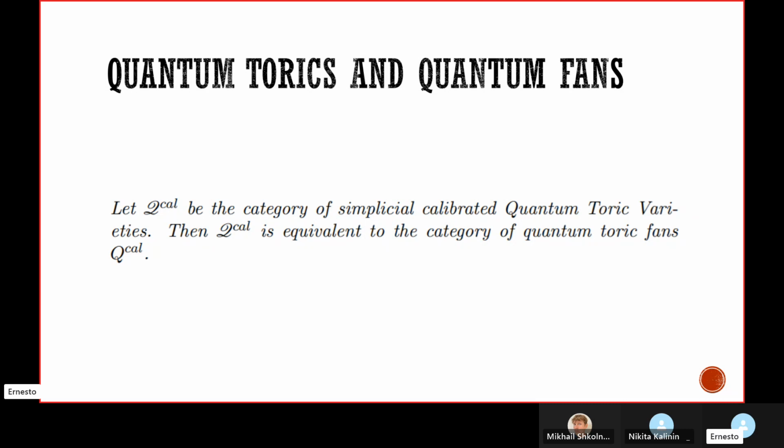I could define it as equivariant Picard compactifications of Kähler stacks or whatever for this particular example. But I leave it to your imagination that this category could be defined, and this theorem can be proved. It's in our paper.